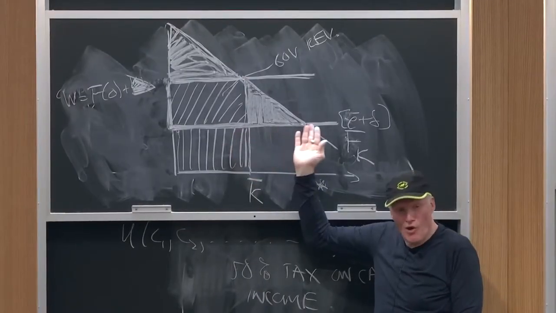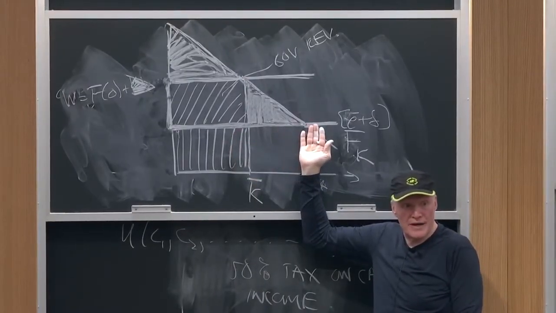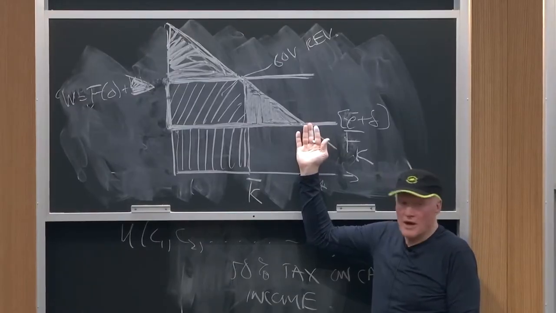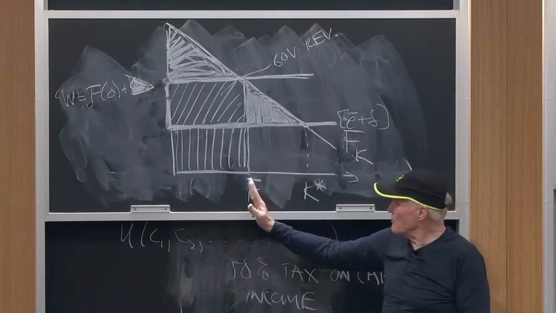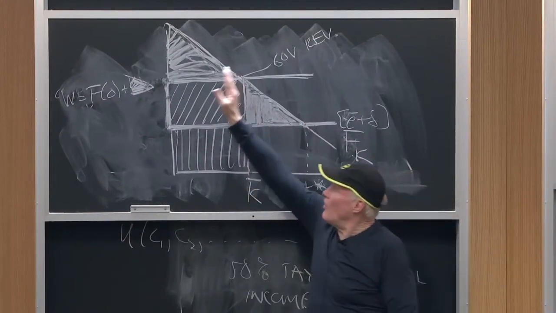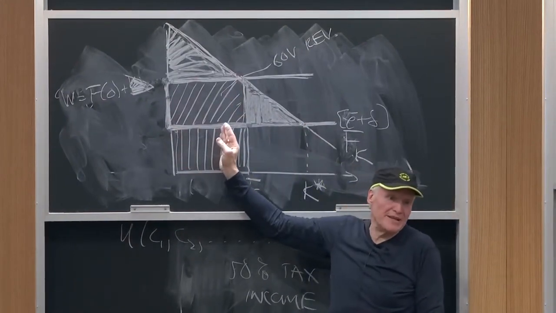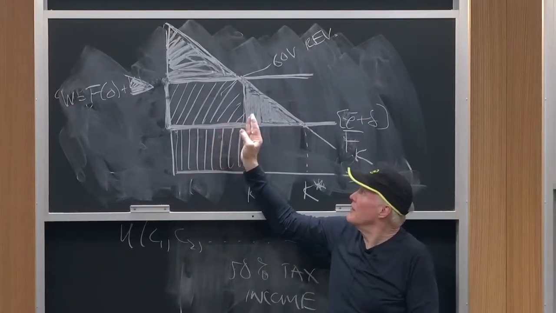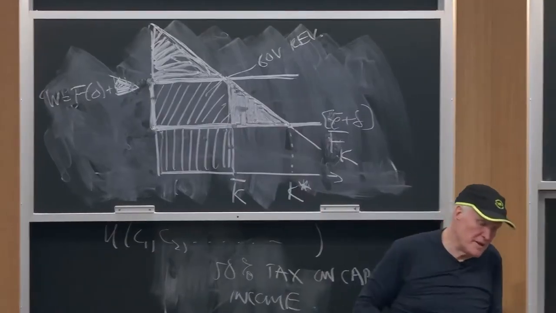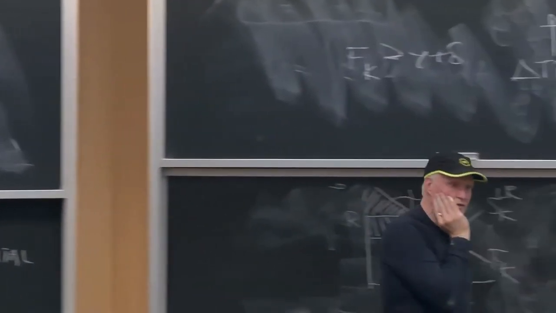Now remember, that's a long run answer. It's not a short run answer. In the short run, what would happen? Well, in the short run, if capital was fixed, all the benefits would go to capital, just like capital got its share of the productivity improvement. They would only gradually be competed over to labor in this simple model.